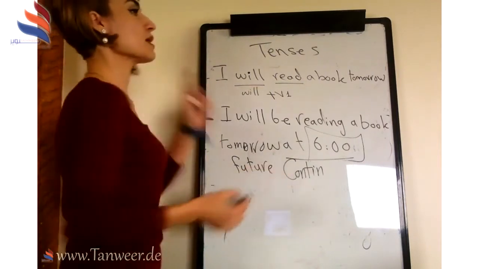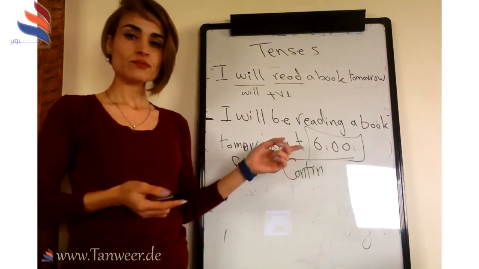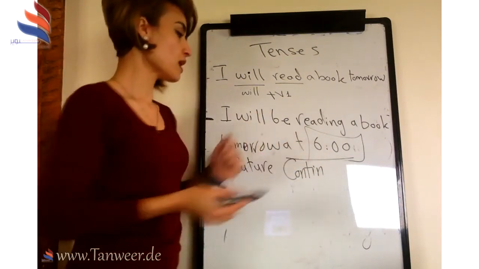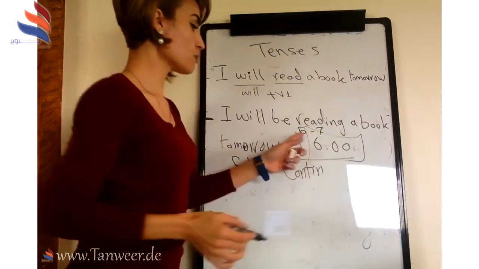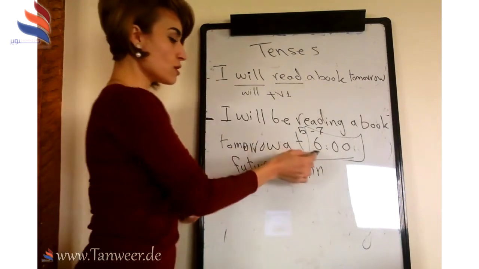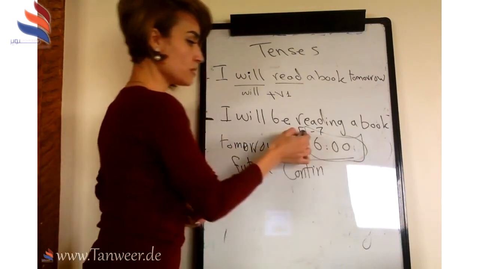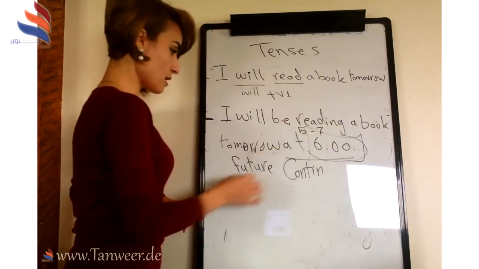Let me say, if I'm doing this every day, like from 5 to 7, I read a book from 5 to 7 every day. Okay? So tomorrow at 6, I will be reading. Okay? Let me say at 8.